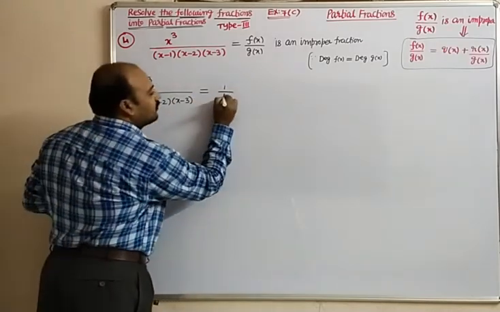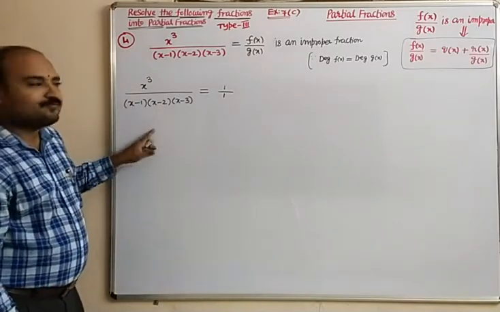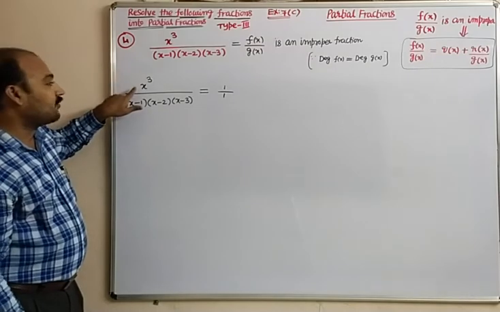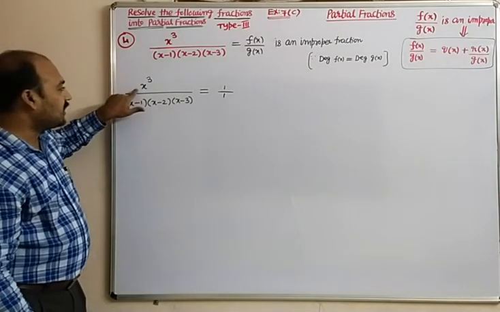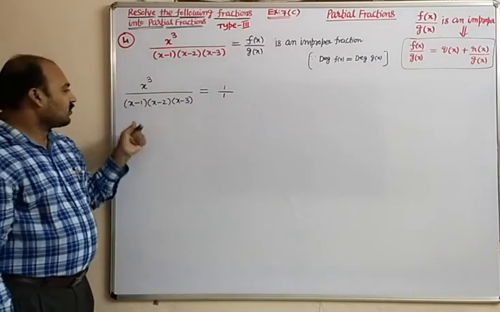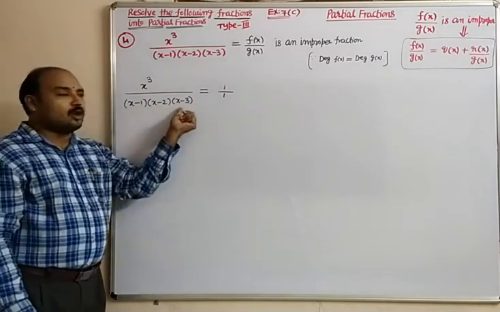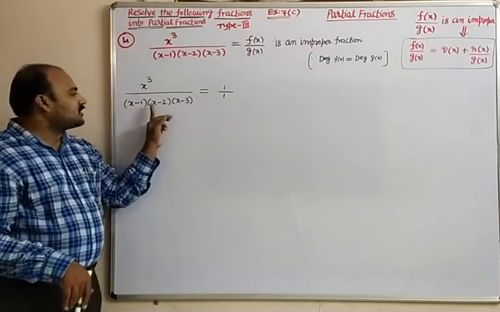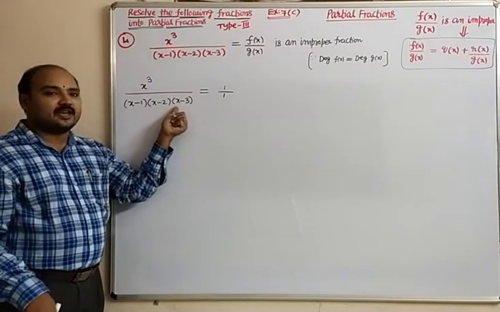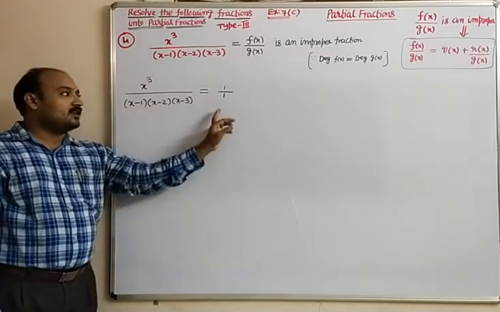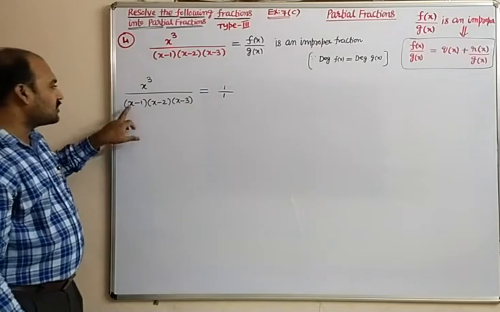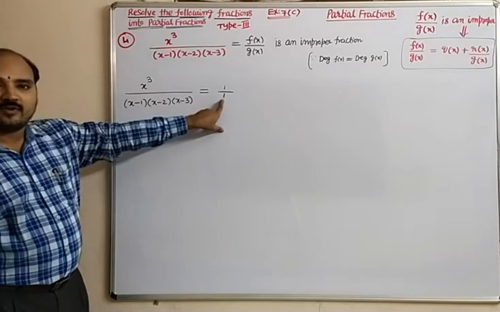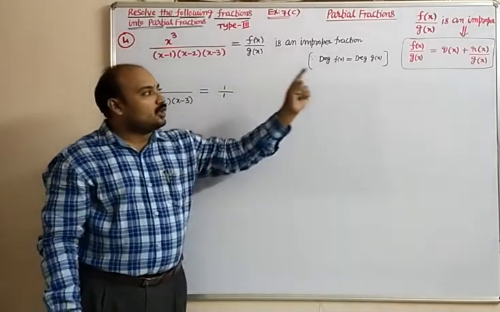Once again I repeat, the coefficient of the highest power of numerator f of x, here 1, divided by the coefficient of x cube in the denominator. Suppose it is 2x plus 3x, 2x here, 3x here, 5x is there: 5 into 3 into 2, that you have to write in the denominator. But here, according to this question, the coefficient is 1. So we have to write here 1. This value is equal to q of x.